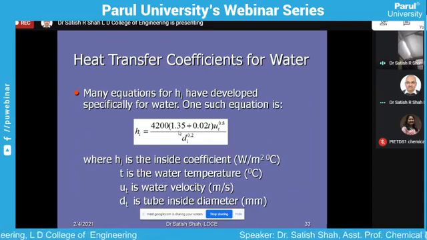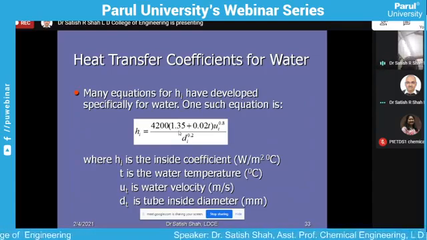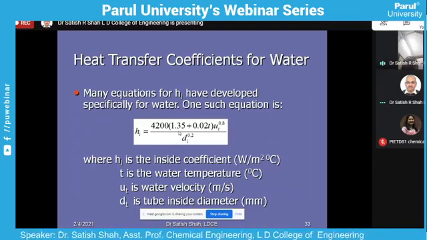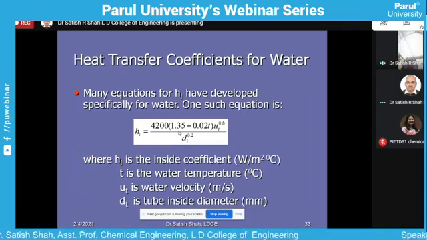So suppose my cooling water temperature is changed from 32 to 36. I have to take the value of T to be 34 degrees. UT, that is the water velocity which you have to take in meter per second. And DI, that is the tube inside diameter. So if you know the tube body and the gauge of the tube, you will calculate the tube thickness, and tube ID is tube body minus 2 times the tube wall thickness.